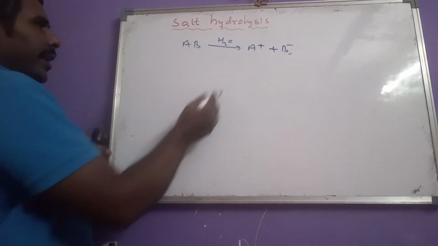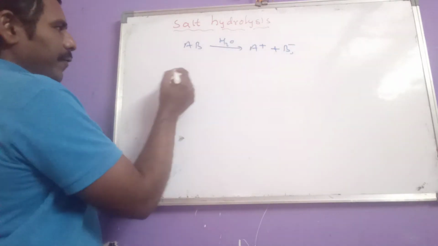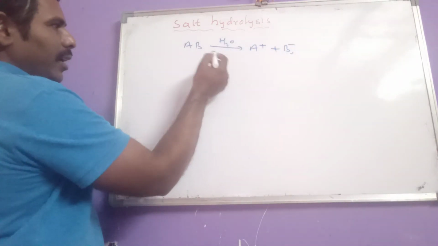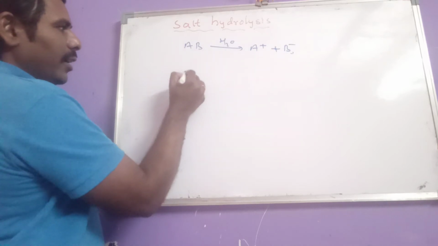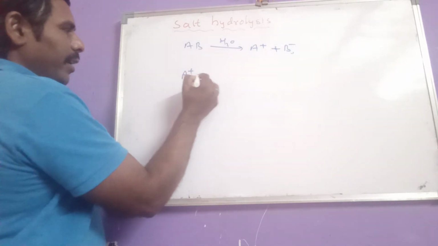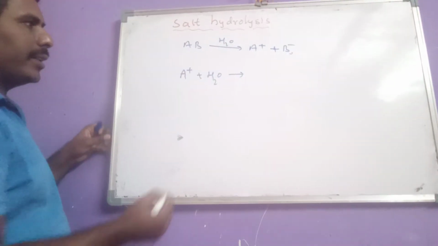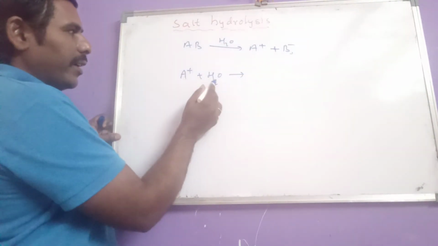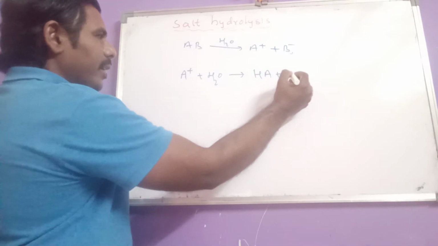So, if the conjugate acid of this AB, A plus, is the stronger one, it will react with water. So, what can we get here? A plus when reacting with water, we get HA.